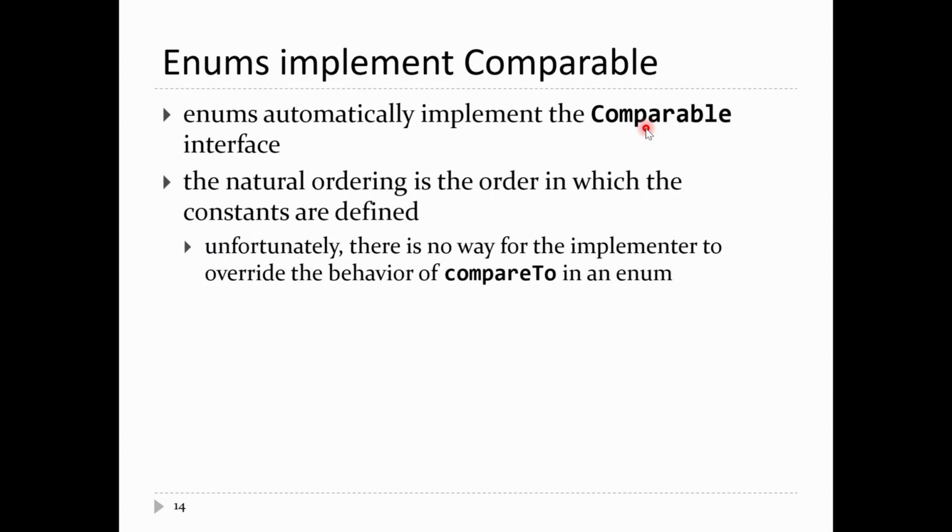You even get Comparable for free. So you can compare 2 objects of your enumerated type for order. Now, this is a little bit limiting. The only way that you can compare 2 of your types for order is the way in which you wrote the constants out when you made your class.